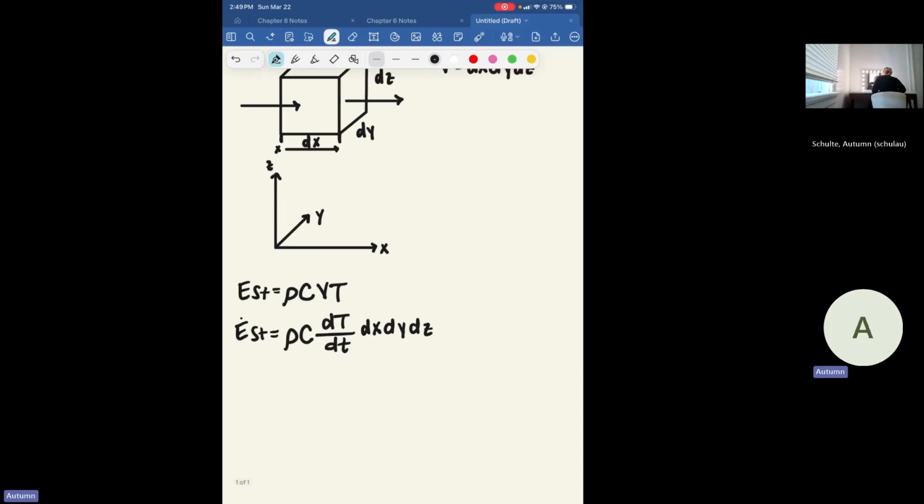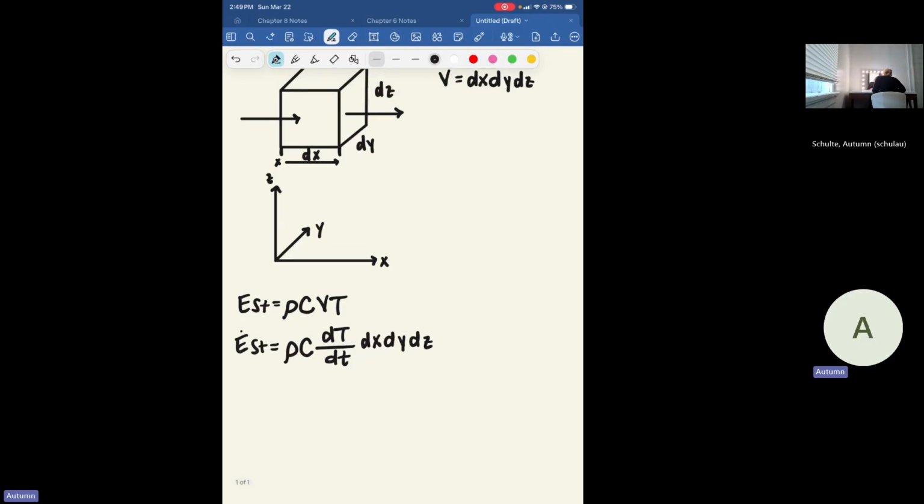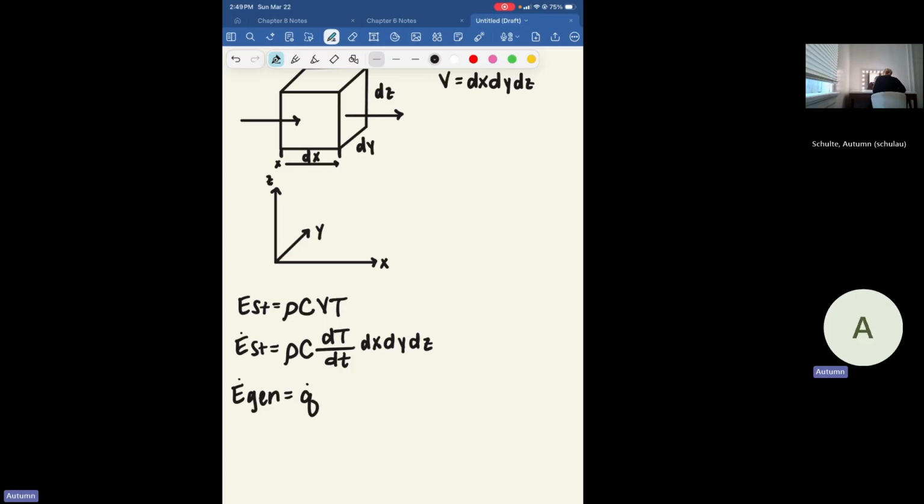We're also going to have a rate of change of energy generation. So that is going to be labeled as E gen. And this is going to be a heat flow per volume. So we have to multiply this rate of change of energy generation by our volume, which is dx, dy, and dz.